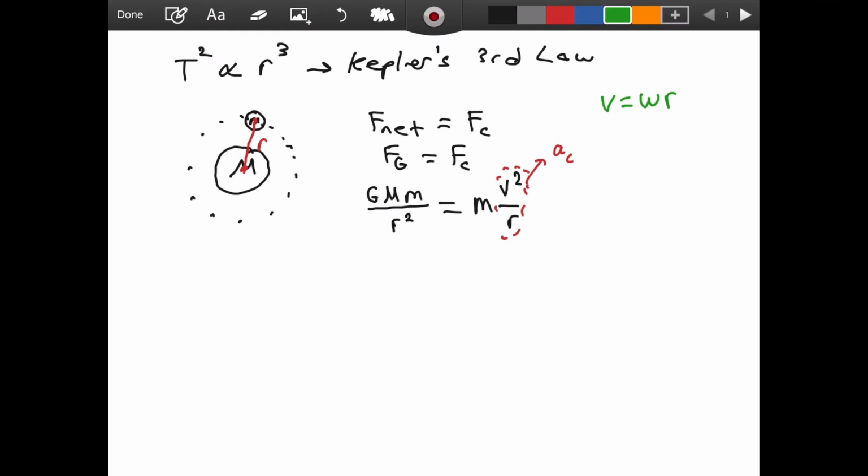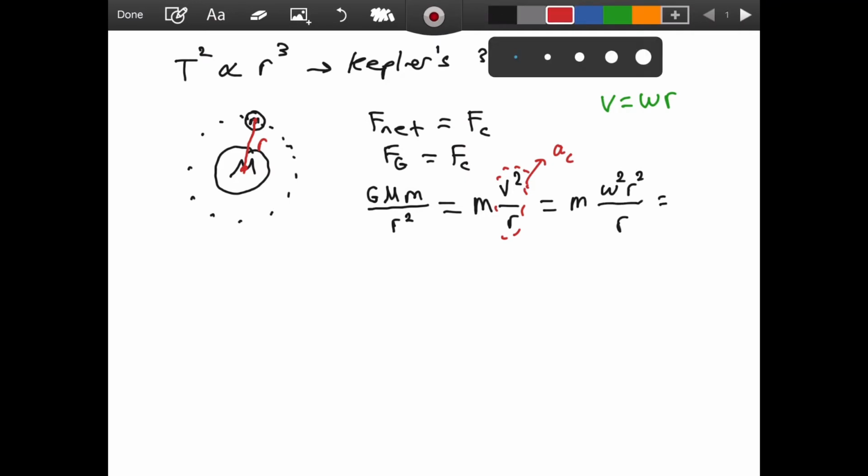So if we substitute this into the centripetal force, we have m, and instead of v, I am writing omega r. It is squared, so we have omega squared r squared divided by r. We see that one r cancels here, so we have m omega squared r.